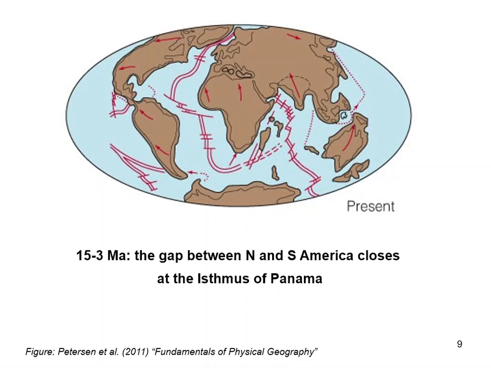But then, starting about 15 million years ago and culminating by about 3 million years ago, that gap closes again and North and South America join along the Isthmus of Panama. So the country of Panama that we're familiar with now is in there, and that area is called the Isthmus of Panama.